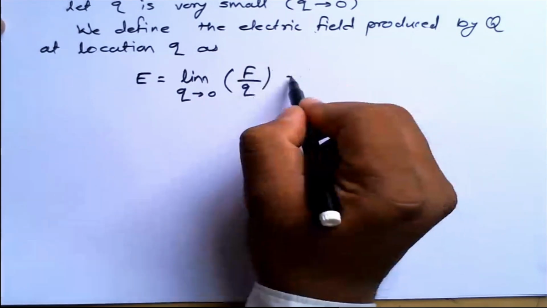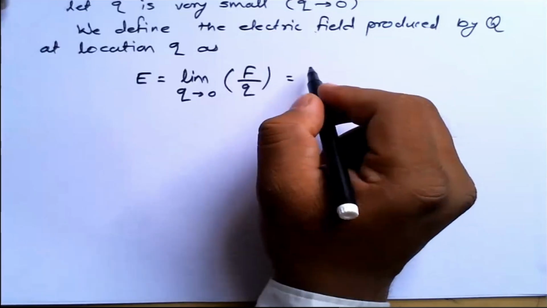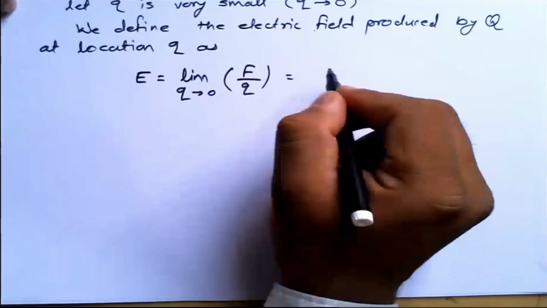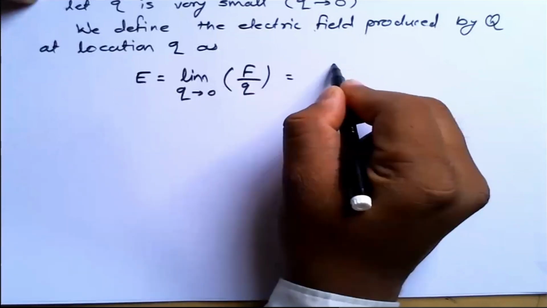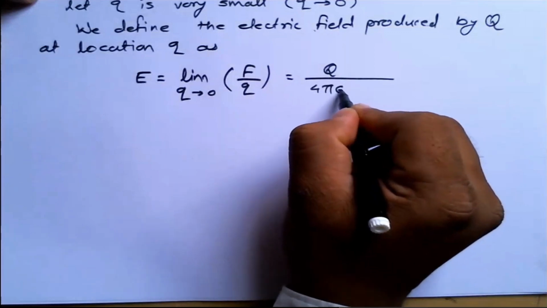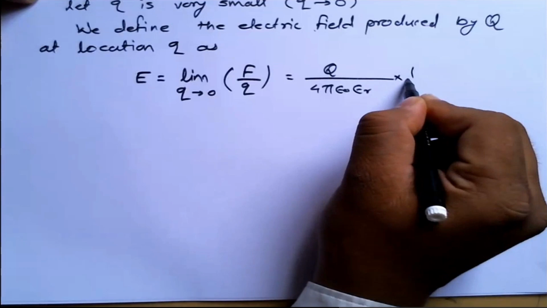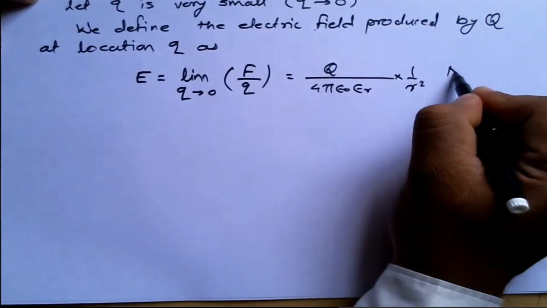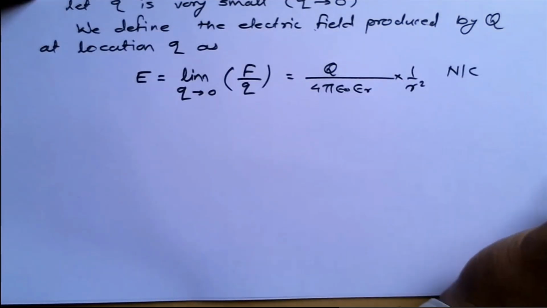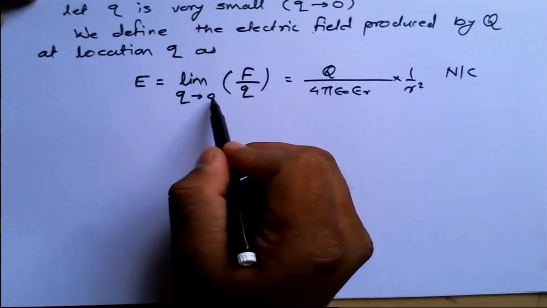So if we replace the equation of F in this particular case and if q tends to 0, E will be Q upon 4 pi epsilon 0 epsilon r into 1 upon r square newton. Why have we considered q tends to 0?